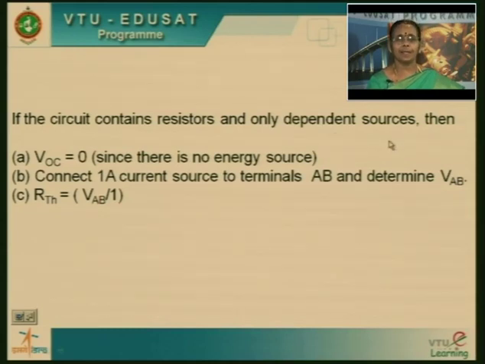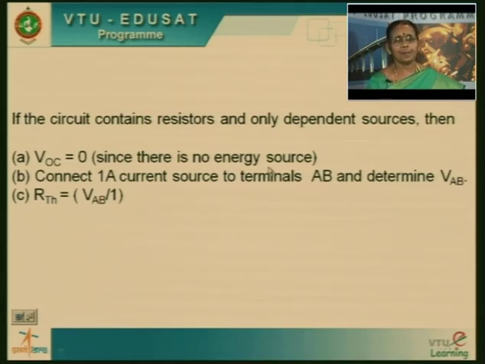So in that case, if the circuit contains only the resistor and the dependent source, we cannot find the open circuit voltage or Thevenin's equivalent voltage. So VOC will be equal to 0, or V Thevenin is equal to 0. That's because there is no energy source; there should be an energy source for the dependent source to act.